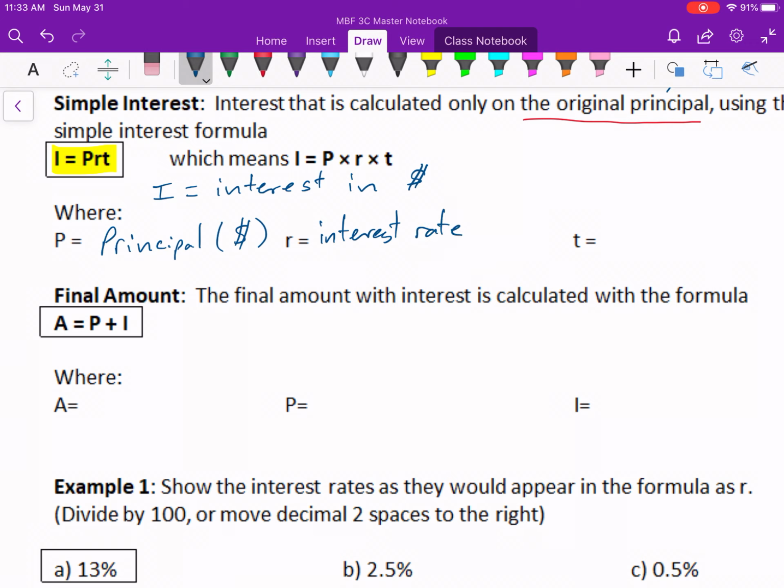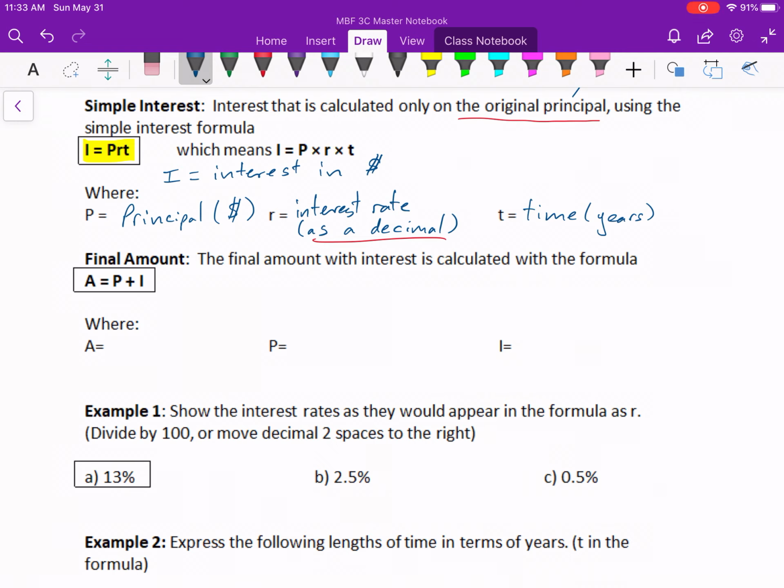Usually we talk about interest rates like 5%, 6%, whatever, but we always change it for the calculations to a decimal. So we change percents to decimals. And that's important, so let's underline that. And T is time. That's what the T stands for, and that's given in years.